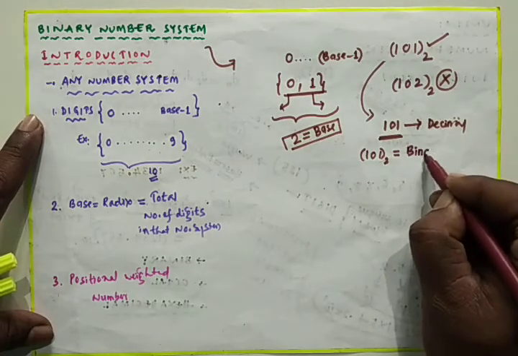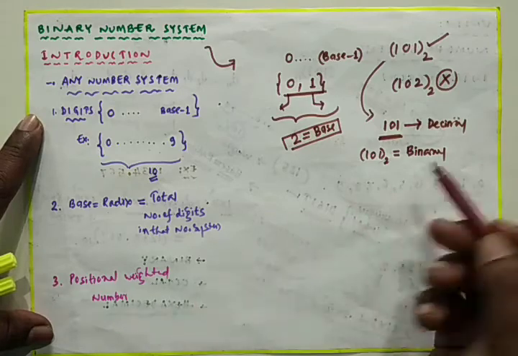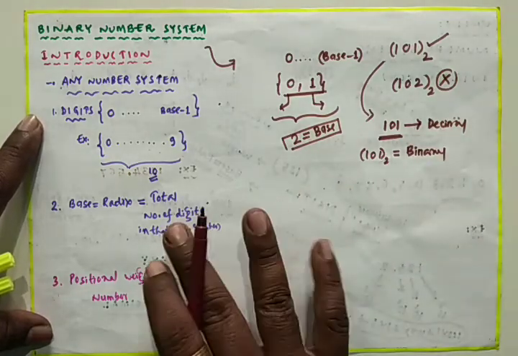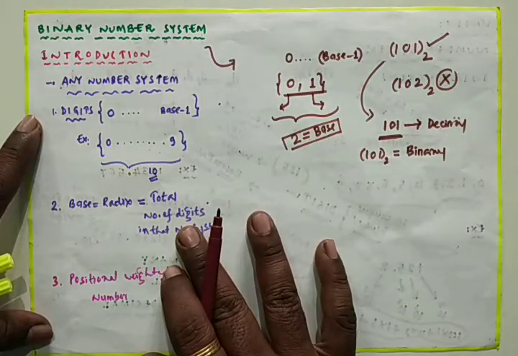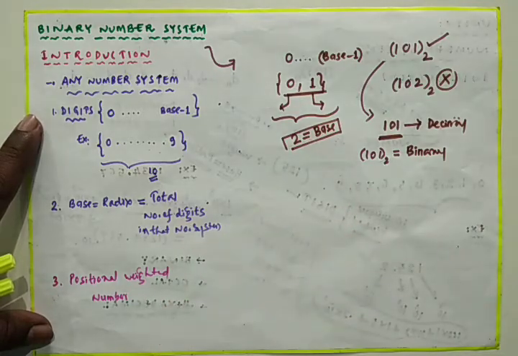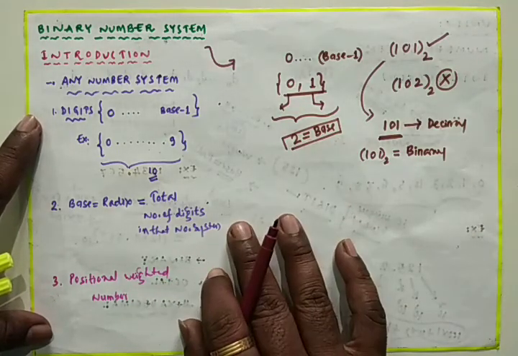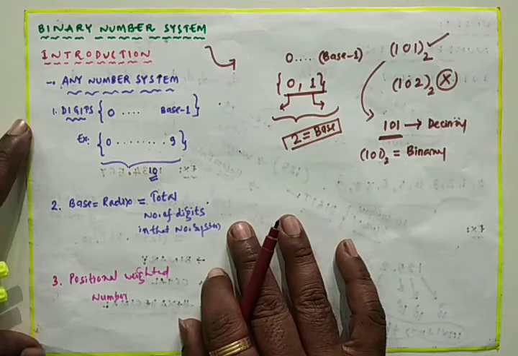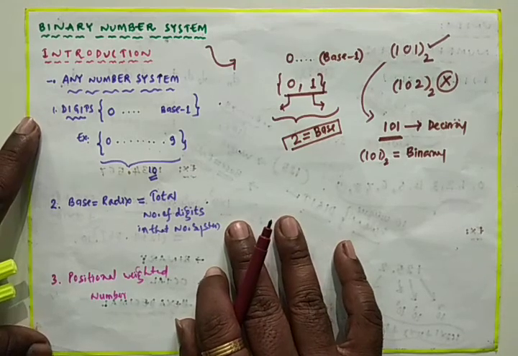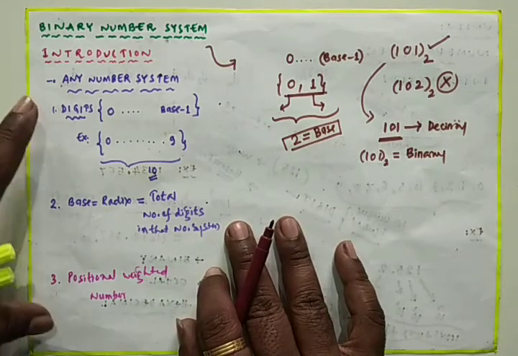Without mentioning the base, by default we have to assume that it is a decimal number. If it is mentioned with a base, then we have to understand that the number belongs to that particular number system.